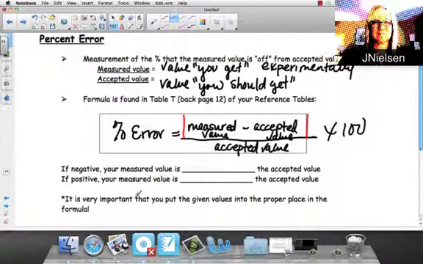It should be positive because the numerator is always absolute value. So if negative, it means that your measured value is less than the accepted value, but we don't report it as negative. If it's positive, your measured value is greater than the accepted value.